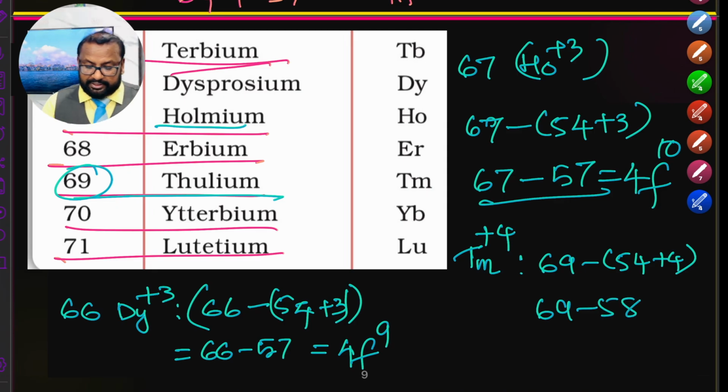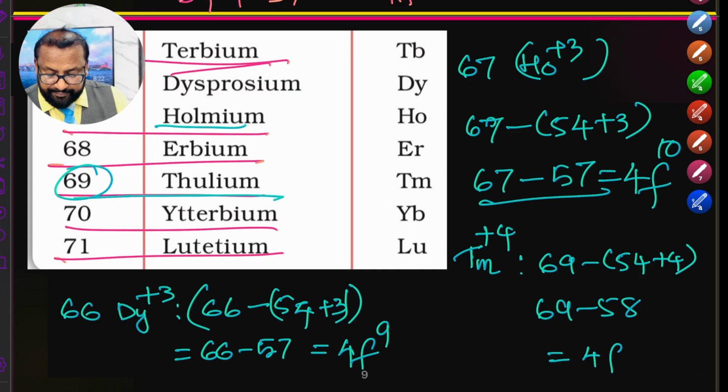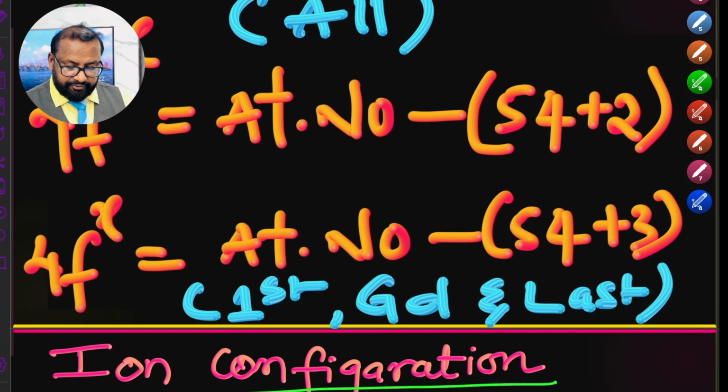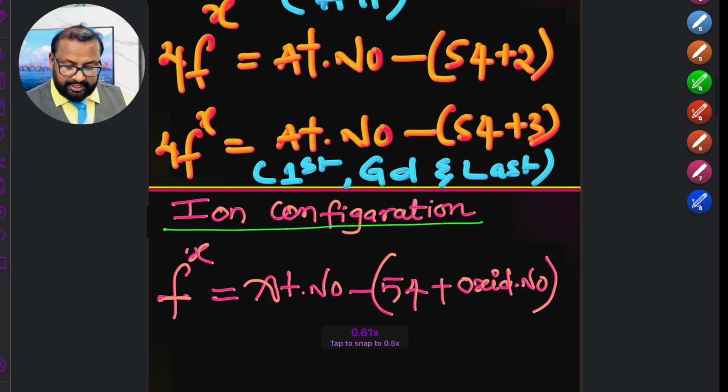How much would it be? 58. 69 minus 58 is 11. Exactly the 11. So in this way you can solve easily by looking at this formula. For ions it is an easy one. For gadolinium and the remaining ones you have to remember.